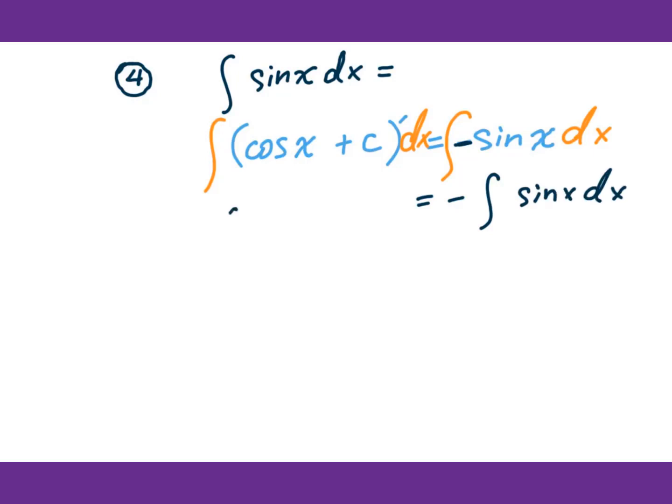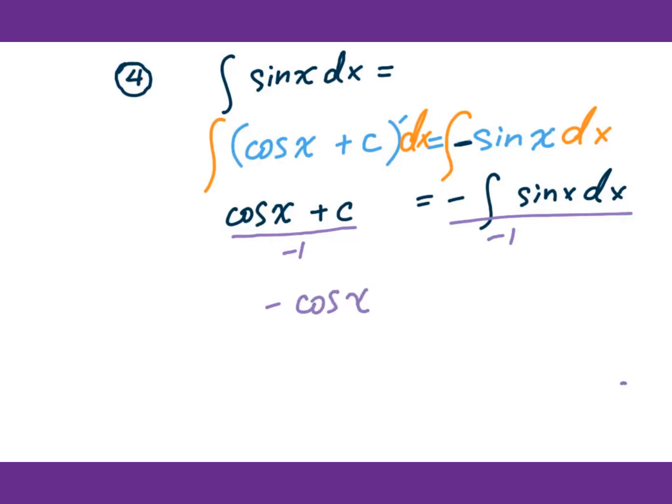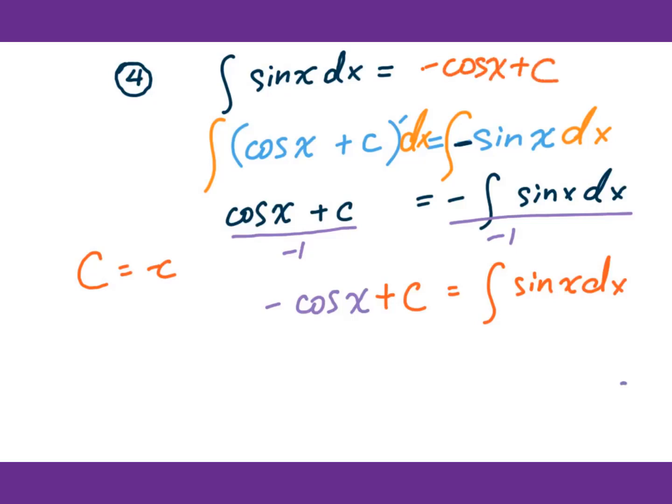You will get itself, that will be cosine x plus c. So we divide by negative 1 on both sides. You will get negative cosine x. This minus c, I use capital C to stand for that. So you have plus C equals the integral of sine x dx. Therefore, this is the formula: negative cosine x plus C.